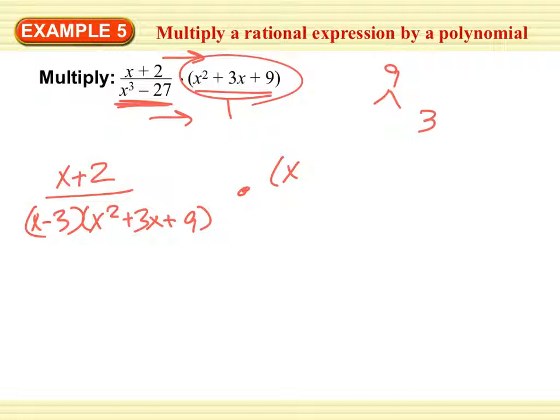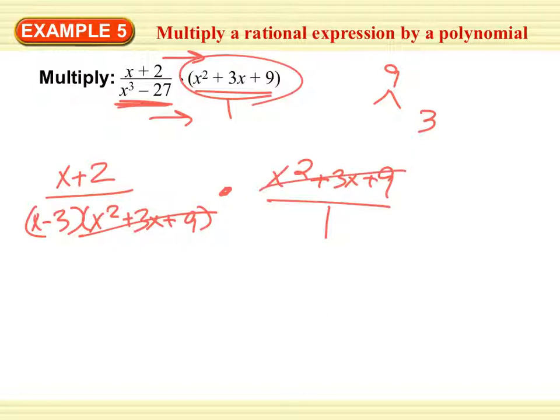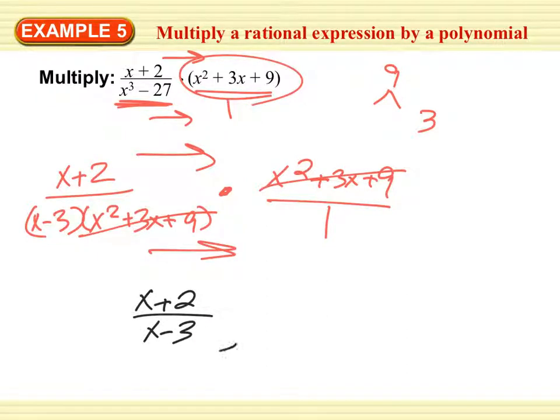I don't see anything that does that. So we're going to leave that go and just write our problem. Luckily this is on the denominator, that's the numerator. Now I can multiply across the top and the bottom. X plus 2 over x minus 3 is in fact my final answer.